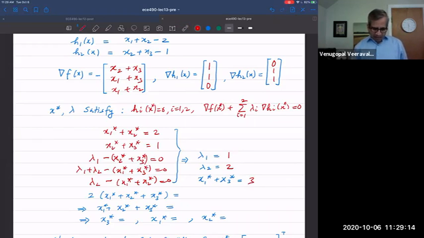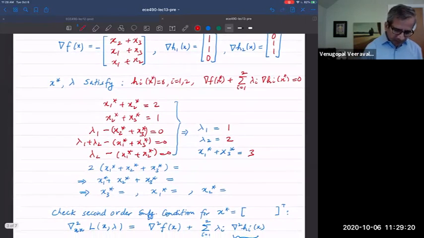Okay, so now we can put these equations together. There are various ways to solve this. I'm just giving you one way, but linear equations can be solved in a variety of different ways.